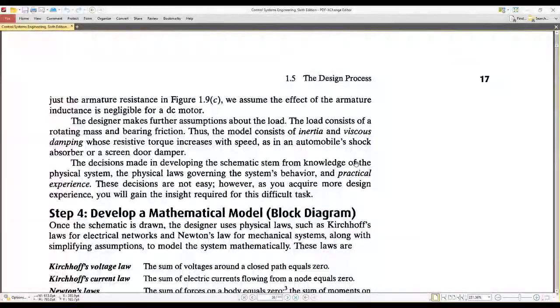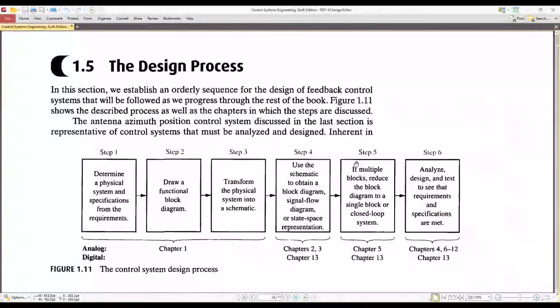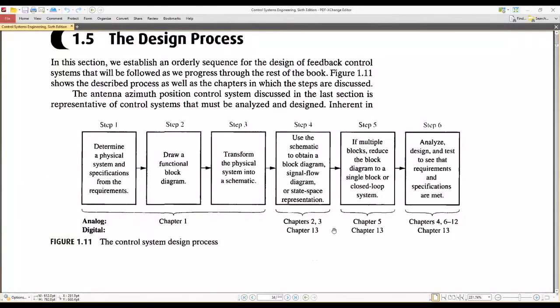Let me show you. You can also use this block diagram, the design process. The block diagram I showed you earlier is from the book of C. Dorf, but you can use this block diagram also from Norman S. Nise, from the book of Norman S. Nise.